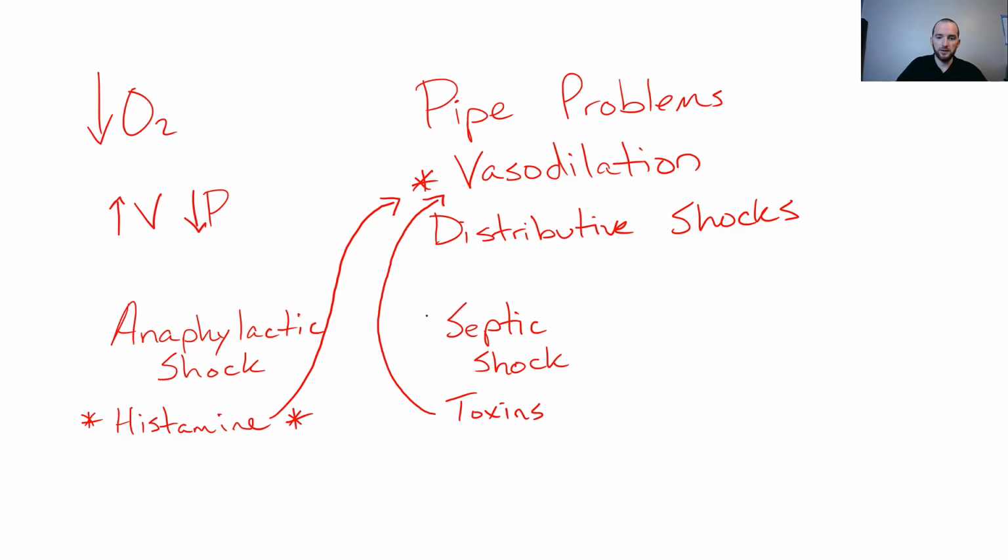But at its core, we've got to deal with the source of the problem. And the source of the problem is whatever sort of infection they have that's progressed bad enough to the point that we have full-blown sepsis, that we're actually getting this vasodilation throughout the body.